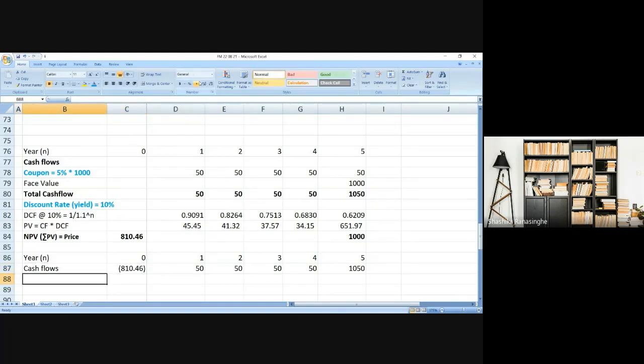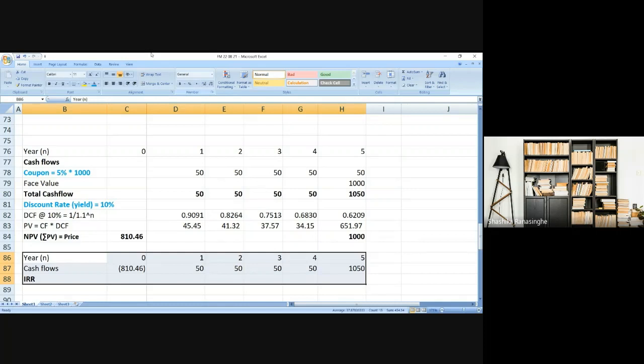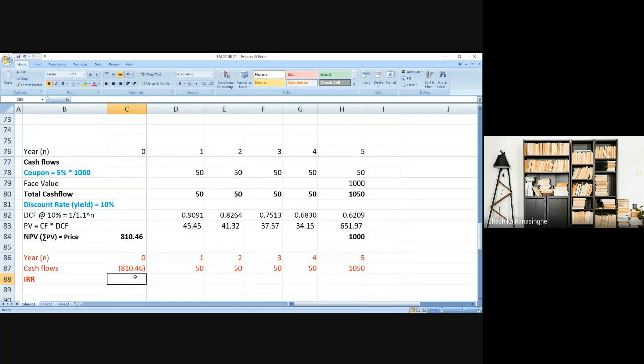If you calculate the IRR of these cash flows, what do you think the IRR will be?